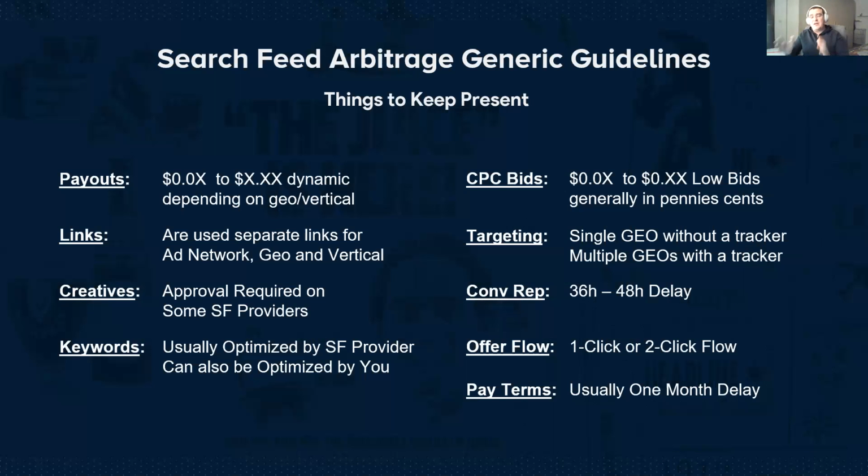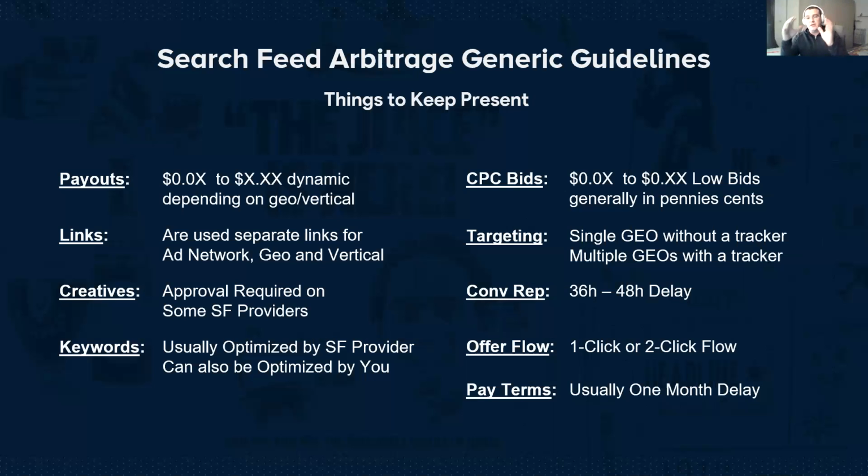So by separate links, I mean when we advertise on Taboola, Outbrain, or Revcontent simultaneously for the same vertical or group of keywords, we're going to use three different links for each of the networks, and those links generally are divided even by geo. So if we are promoting, let's say, lawyer services or divorce lawyers as a search feed result for US, UK, and Canada, we're going to get three different links.